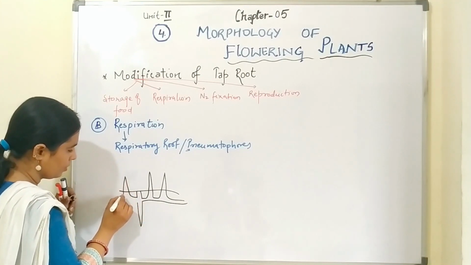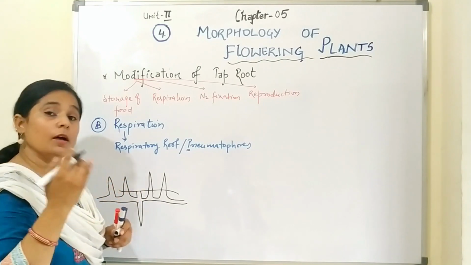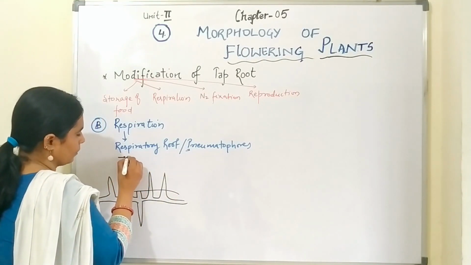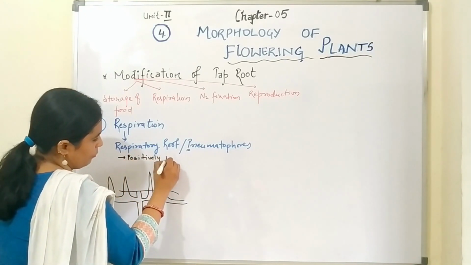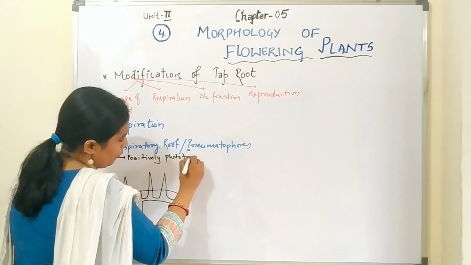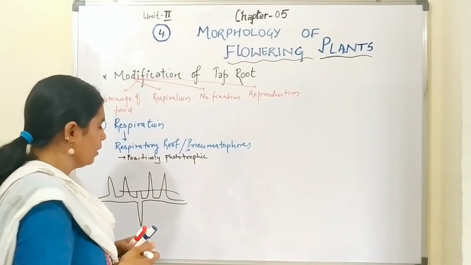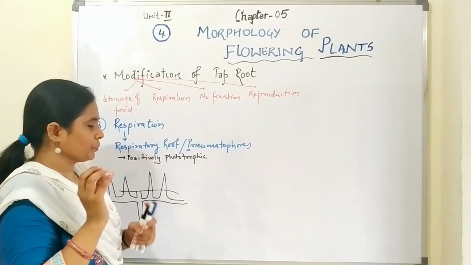From here, a few roots will start moving towards the sunlight. Means these roots are positively phototropic. Why does this happen?